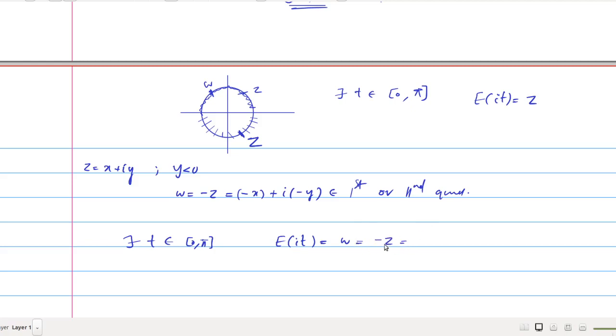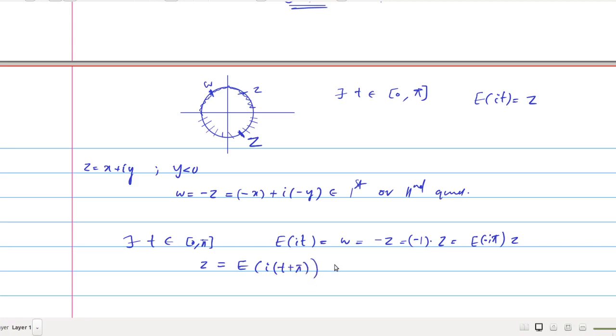Then minus z can be written as minus 1 into z, and this minus 1 can be replaced by e of i pi. Then, by transposing this e of i pi to the left hand side, z can be written as e of i times t minus pi.